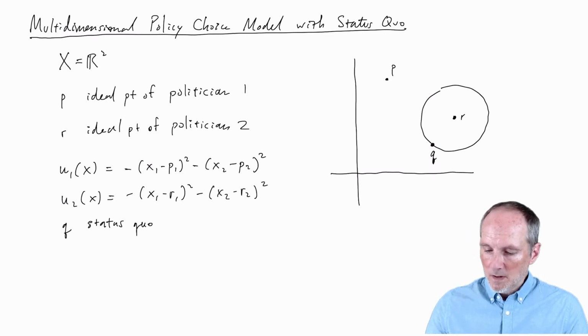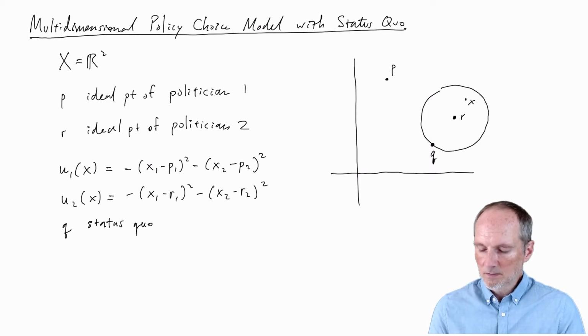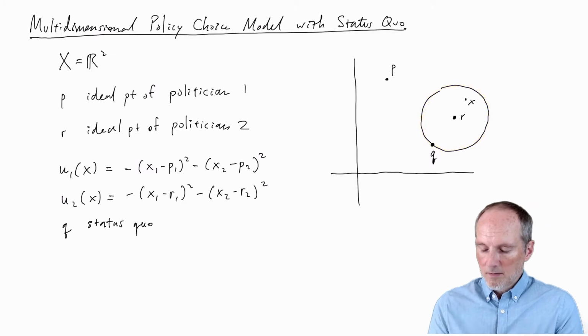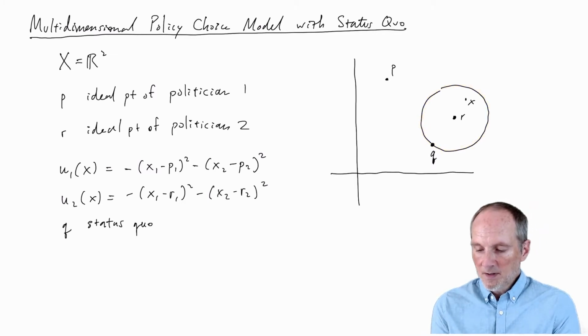So if the first politician proposes an X that's inside this circle, notice the status quo is here, so this circle I've drawn is the indifference curve through the status quo for the second politician.